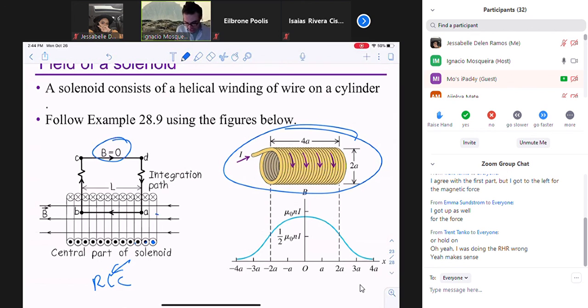And inside the solenoid, roughly speaking, of course that couldn't be true at the edge, but roughly speaking, you can think of it like a current sheet, like an infinite number of wires coming at you, and try to calculate using Ampere's law what the B field would be inside.